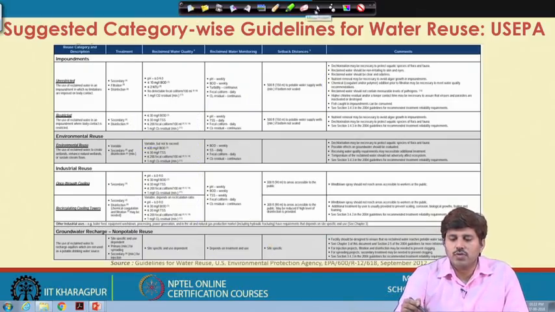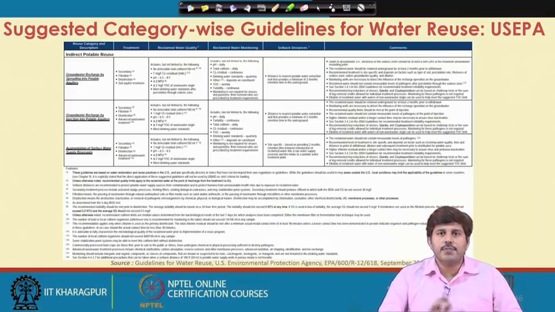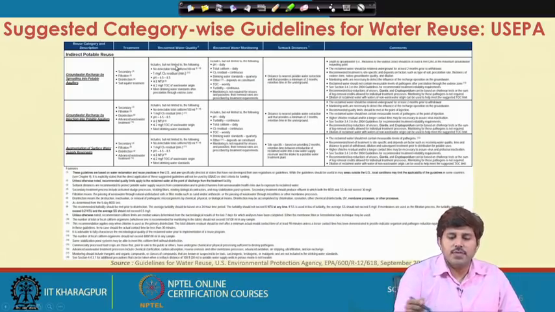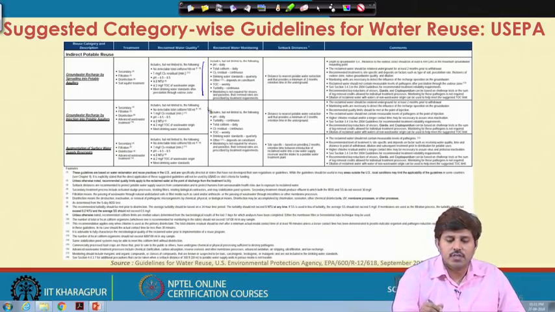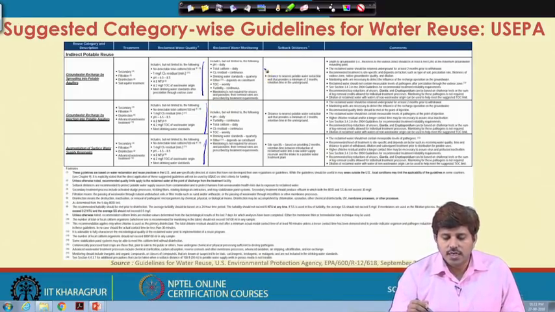What way we want to recharge systems, and which system we want to recharge, will all depend on that. Then for indirect potable uses, the IPR systems, the water has to meet these quality criteria, which are going to be a little more stringent. The reclaimed water should be monitored for a variety of parameters including pH, total coliform, chlorine residual, drinking water standards, and various other parameters including TOC, turbidity and metals.